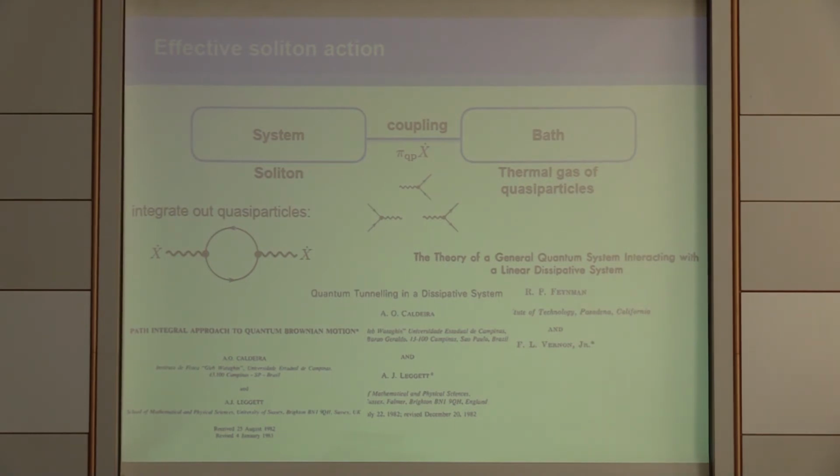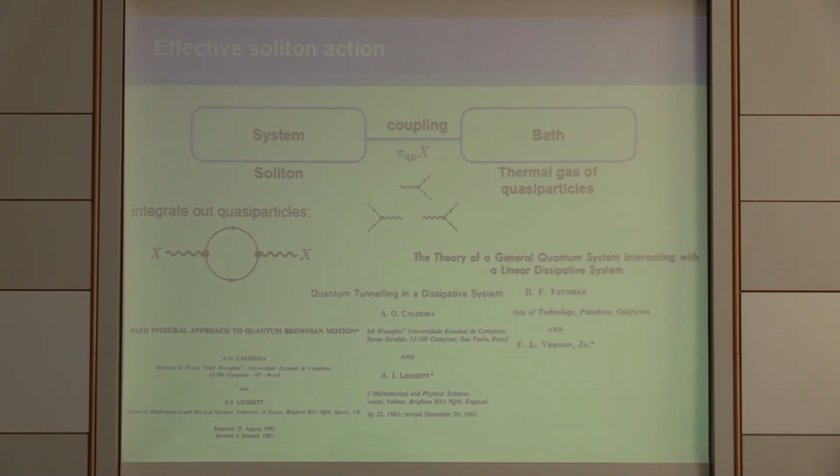And our task is to derive an effective equation of motion that no longer makes any reference to the Bogoliubov degrees of freedom. So in some sense, we want to get an effective theory that integrates out the Bogoliubov excitations. Experimentally we do not have access to the properties of the Bogoliubov quasi-particles, but we can, for example, measure the soliton position as a function of time. We can measure its oscillation frequency and its damping.